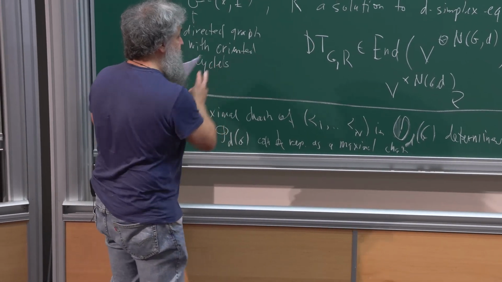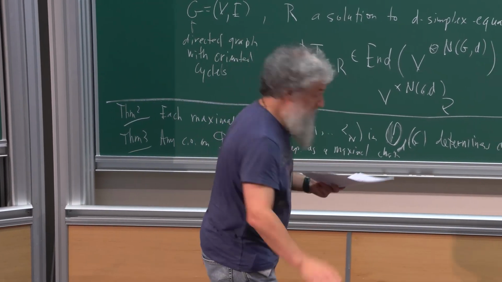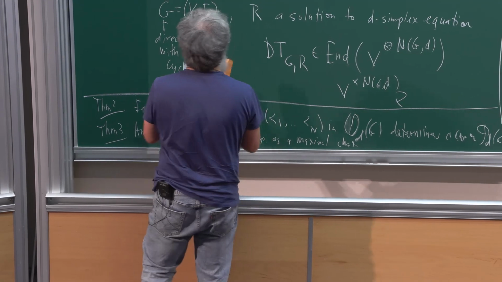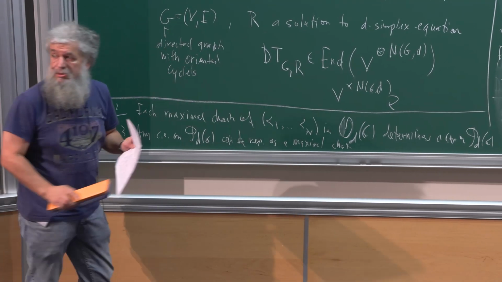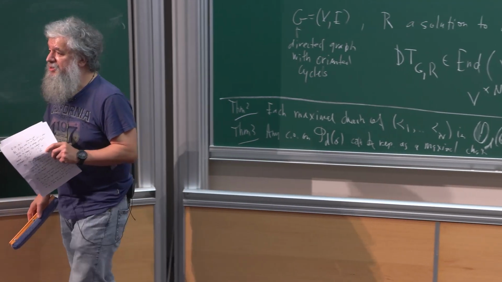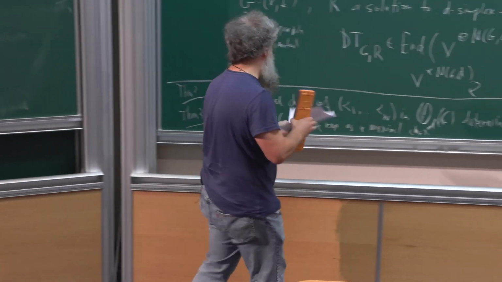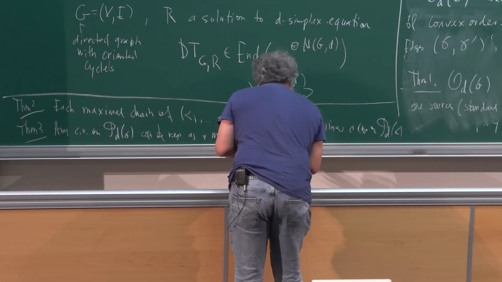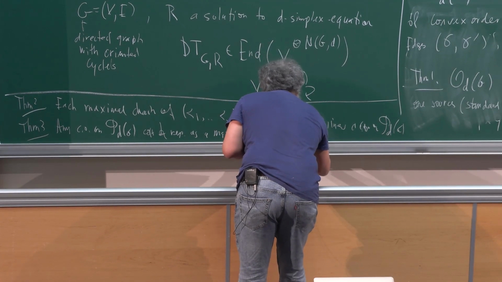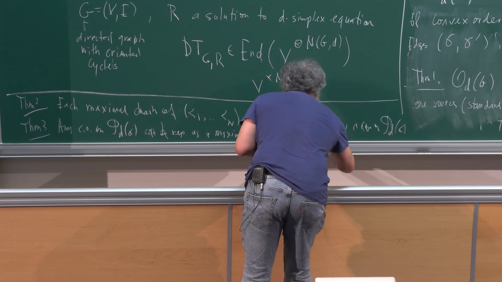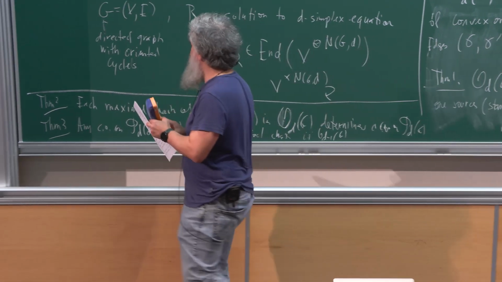So now I will define this map. By a maximal chain in the order D minus 1 of G. Yes, thank you.